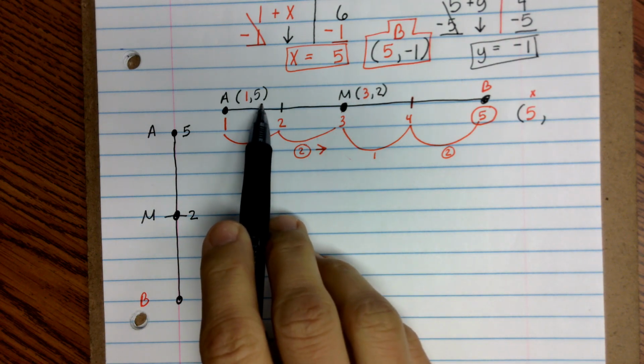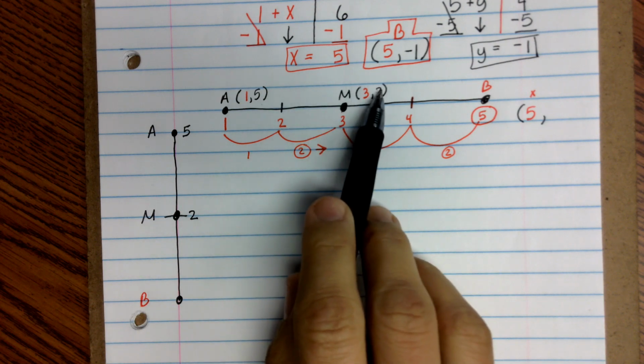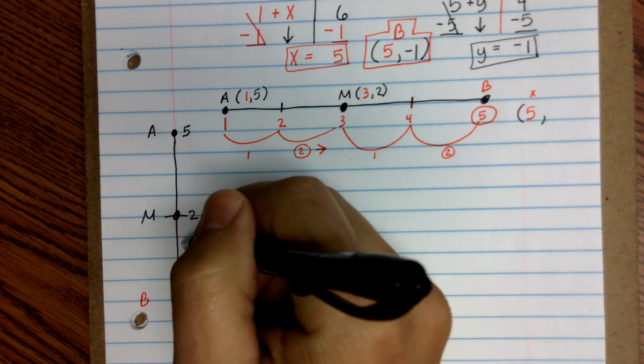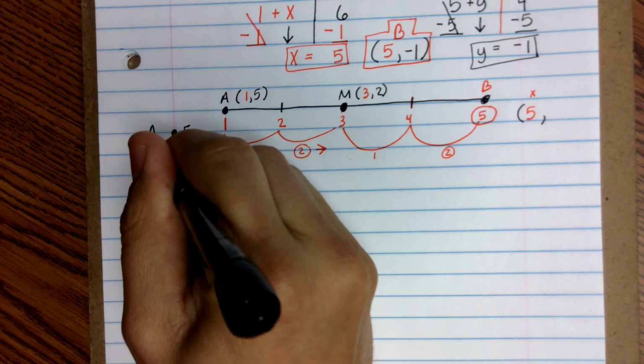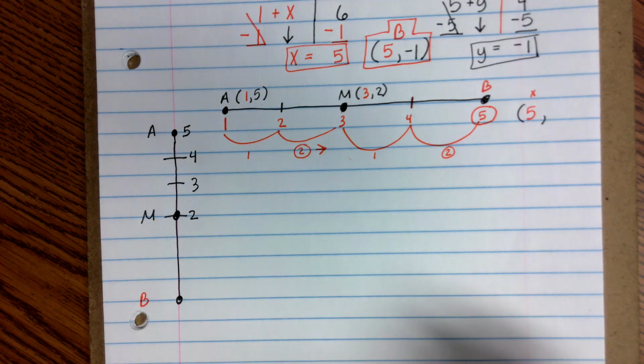And what I hope is, I hope you notice that from 5 to 2, our number got smaller. So from 5 to 2, we had to go down. We didn't move up. So if I want to see how many I moved down to get to 2, I'm going to fill in some numbers. Between 5 and 2, we have 4, and we have 3.